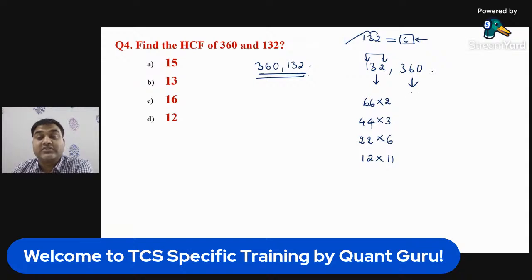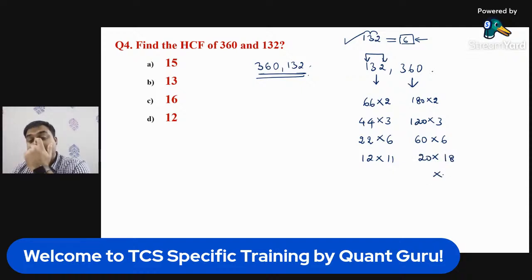Now go to 360. It can be written as 180 into 2, and again as 120 into 3. Again, it can be written as the multiple of these two, so 6 into 60. Then it can also be written as 18 into 20.